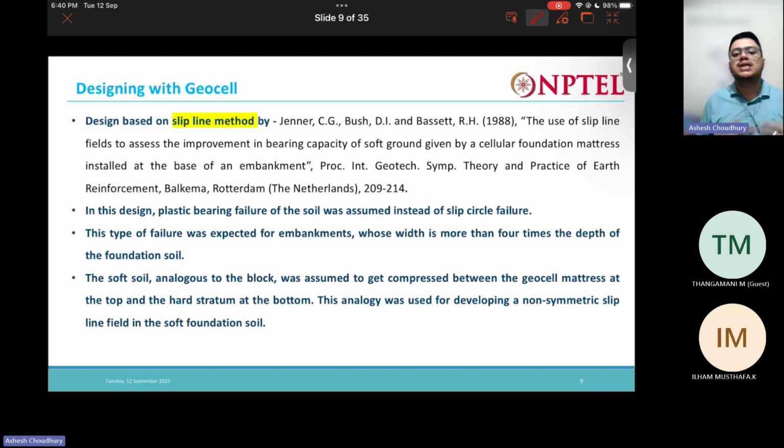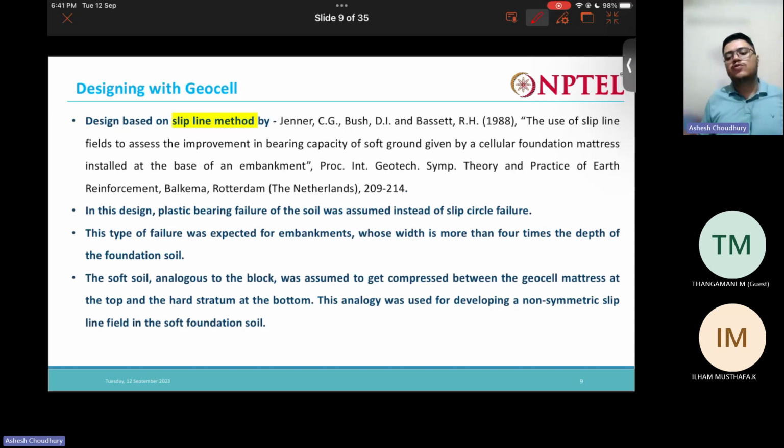In the slip line method, at the very basic level, we try to get the equations of the failure surface. We get two families of equations by solving the differential equations that define the equilibrium of the soil mass, using the failure criteria from Mohr stresses, and also from our limit analysis concepts and the basic equilibrium equations of the soil.